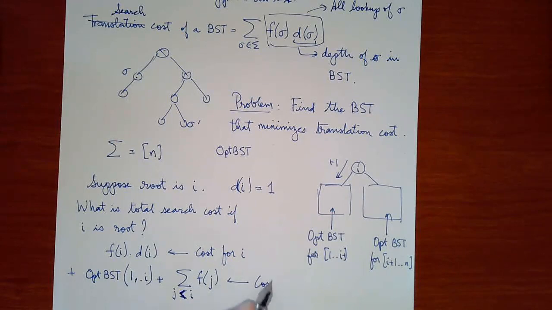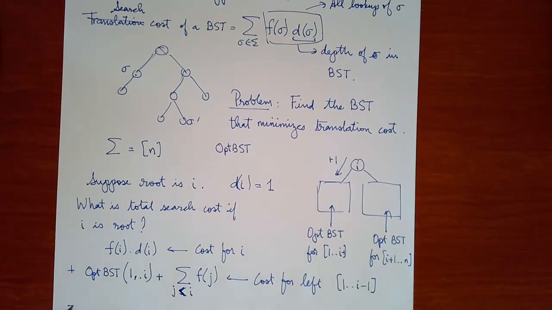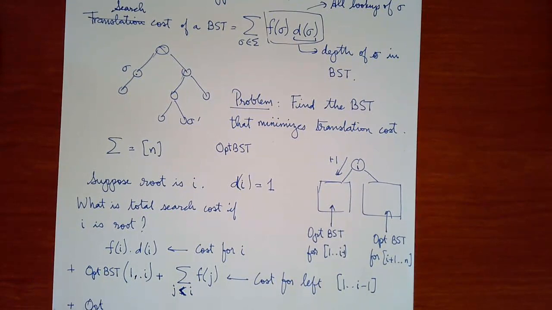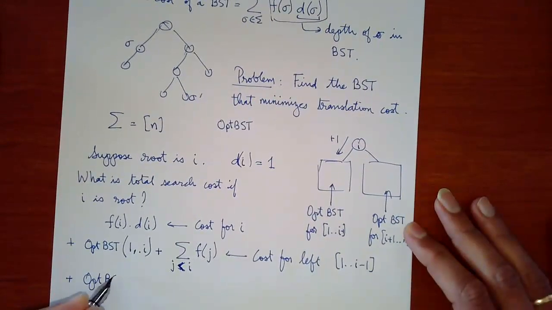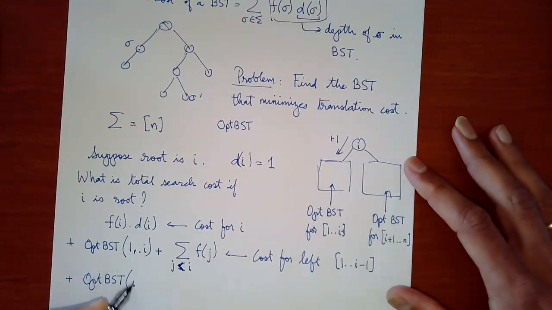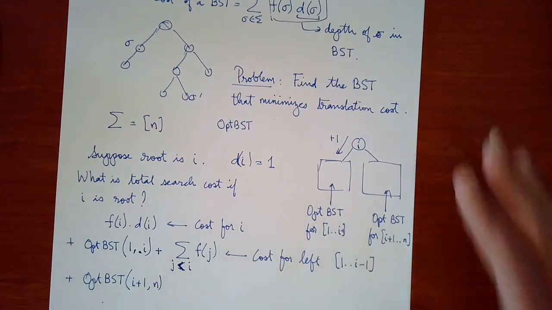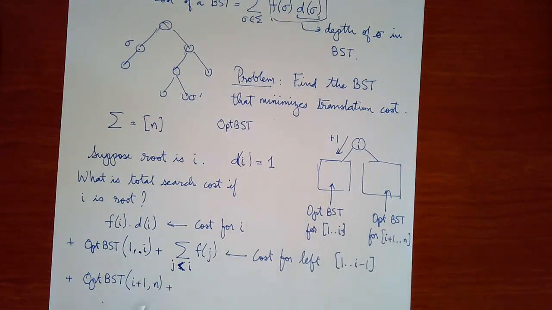So this is the cost for the left, which is 1 going to I minus 1, plus the optimal BST cost for I plus 1 to n, plus the summation of j strictly greater than I of the frequency of j.